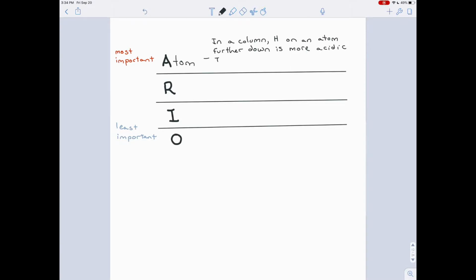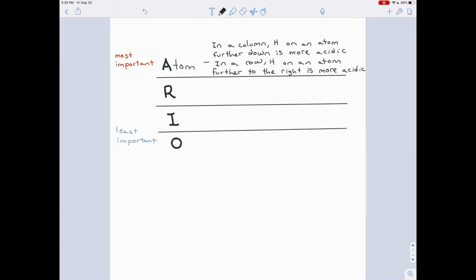And in a row, a hydrogen on an atom further to the right is more acidic. All right, so that's our first general rule. Now let's go through why that would be the case.